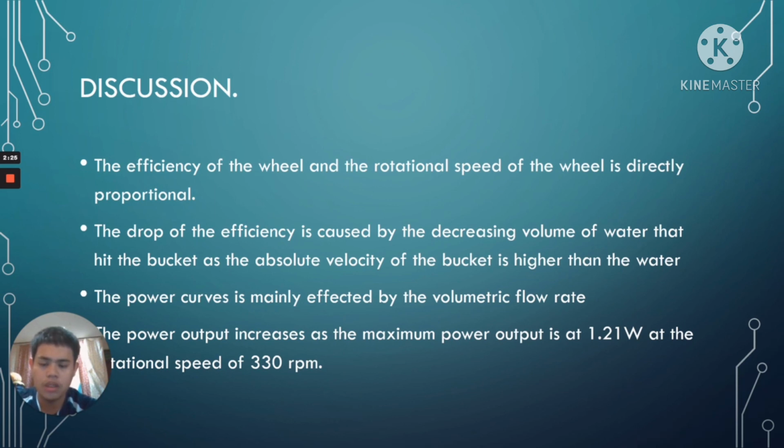The maximum power output is 1.21 watt at a rotational speed of 330 RPM. So we can see that the power output will be generated if the water hits the bucket at a certain time and certain volumetric flow rate.